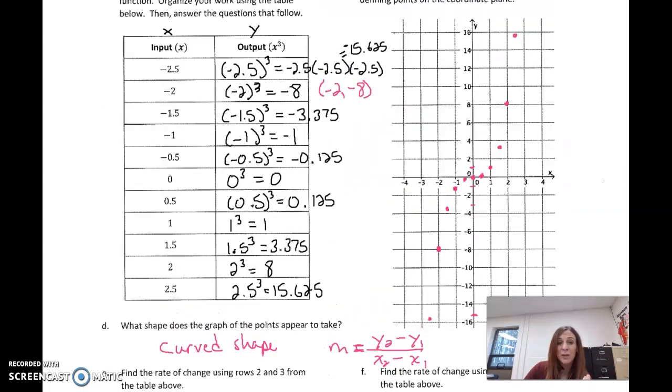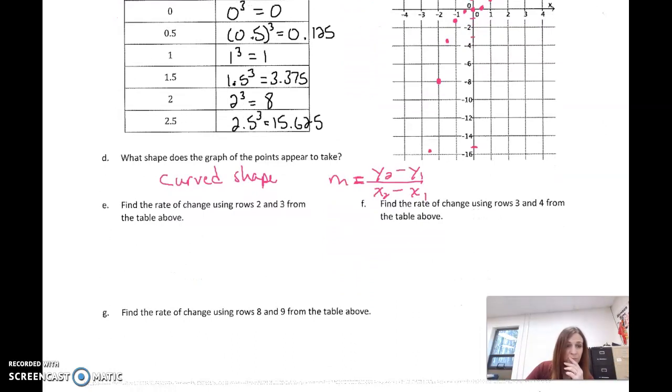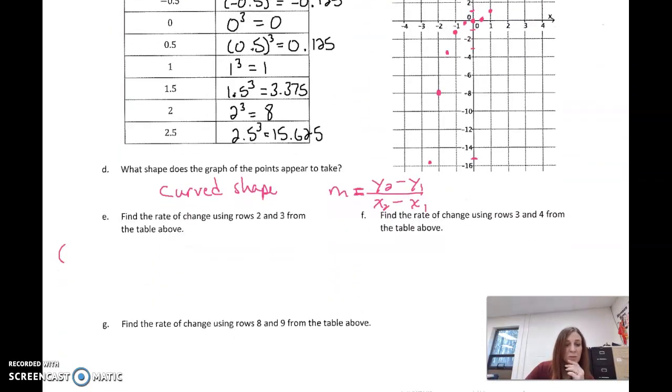All right, so rows 2 and 3. 1, 2, and 3. So these two. So I'm going to have the ordered pairs. Was -2? Yep, that was number 2. Okay, so -2, -8, and I'm just pulling this off the chart, and -1.5, -3.375. Okay? X, Y, X, Y, first point, second point.